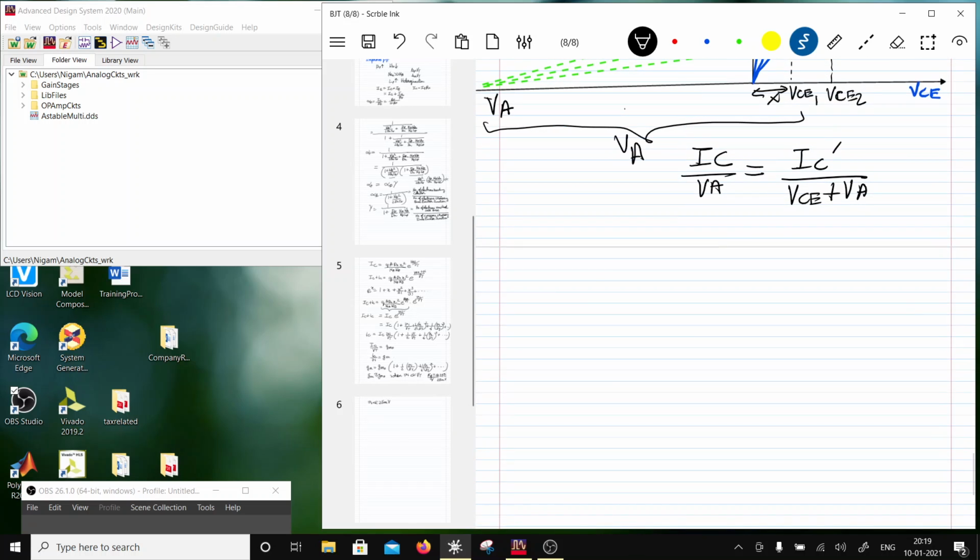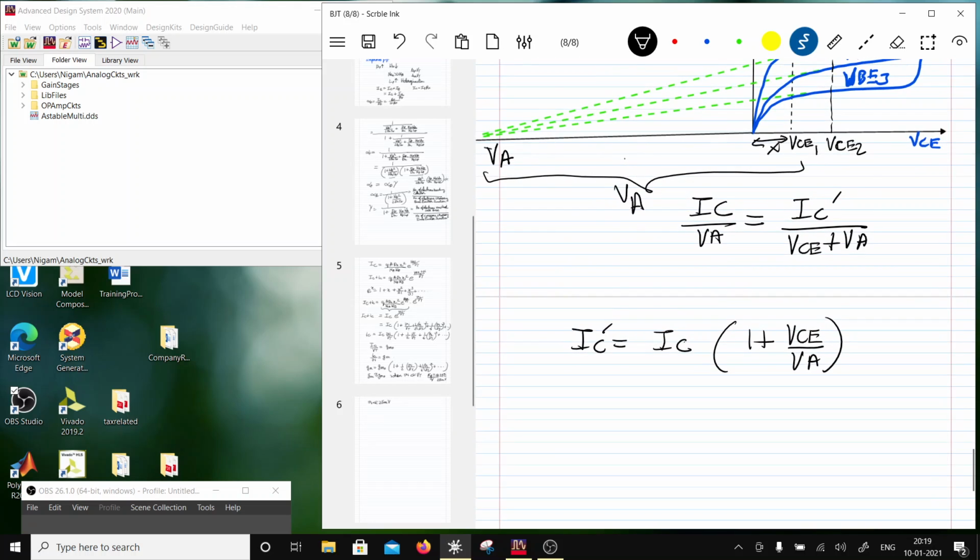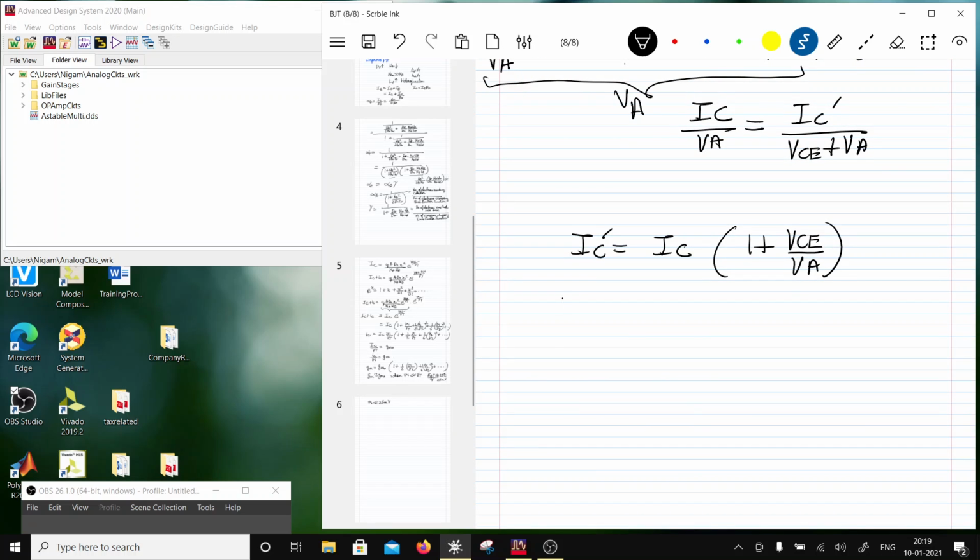So that means IC dash is equal to IC into 1 plus VCE over VA, right? And the slope, which is 1 by R naught, is also equal to IC over VA, correct?